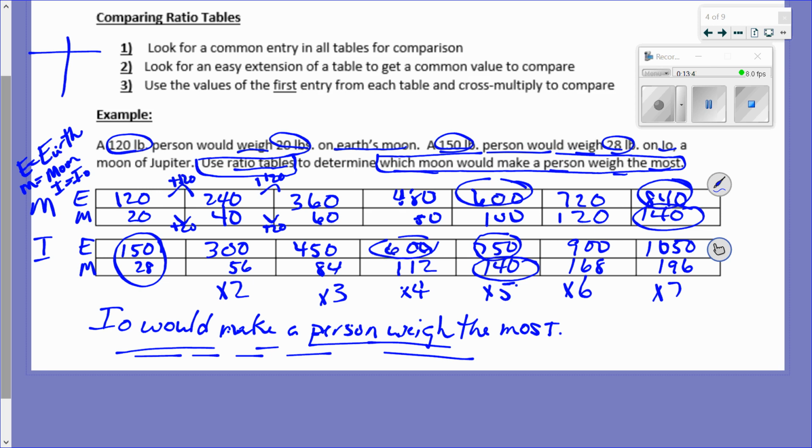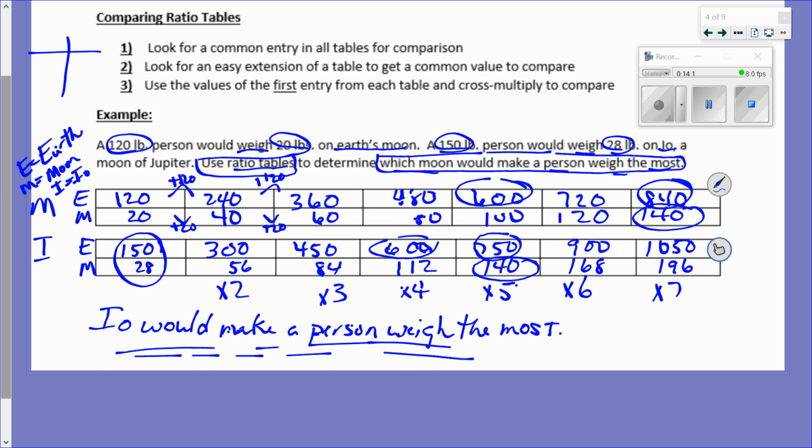How does a smaller number make you heavier? Well, because you do 150 times 4, which equals 750. Uh-huh. Yeah. Well, that is a source, right? And 120 times it by 6.